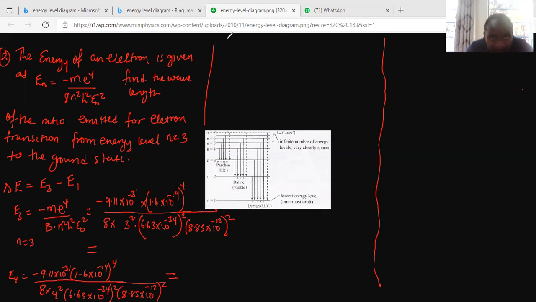You can write negative 2.42 times 10 to the power negative 19 joules, correct?